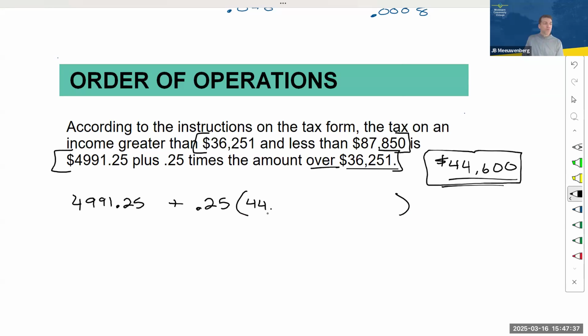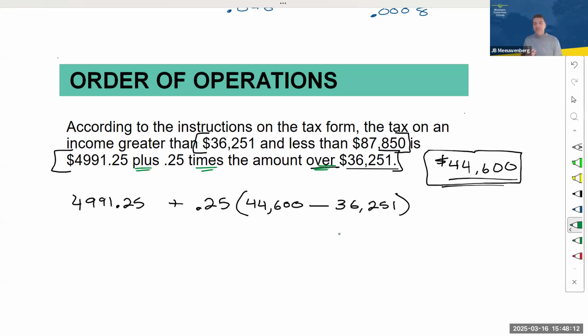You would take 44,600 and subtract 36,251. Okay? It's kind of like that difference concept, right? Comparing them, see how far apart they are. And what we've created is this expression here that involves addition, as we see here, multiplication, which we see here, and also subtraction, which we see here when we've calculated the amount over.